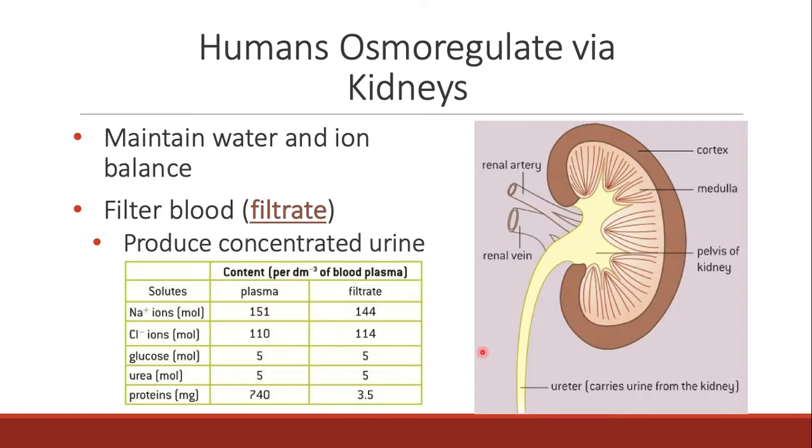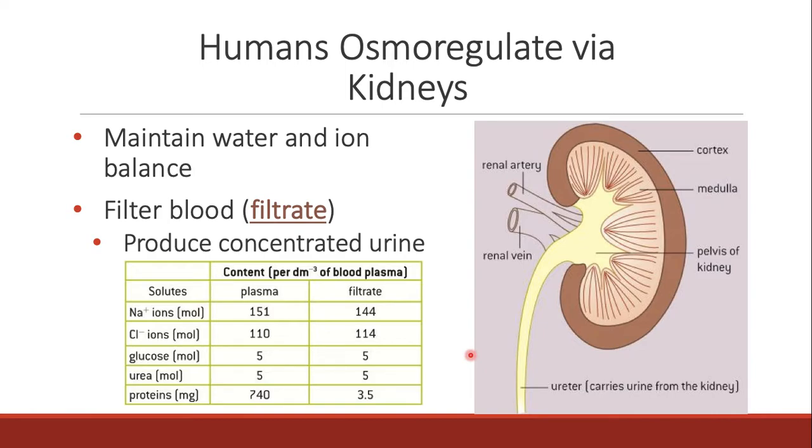We pull back all that glucose because food is hard to come by, and glucose turns into energy through cellular respiration. So if food is hard to come by and glucose turns into energy, we don't just want to throw it out, we want to save it. So the glucose that comes in through the renal artery and jumps into the kidneys is going to come back out through the renal vein. You don't really have sugar in your urine.